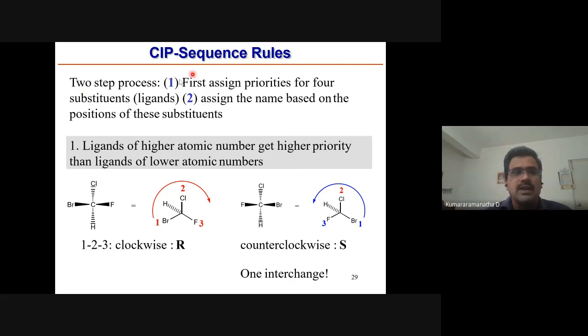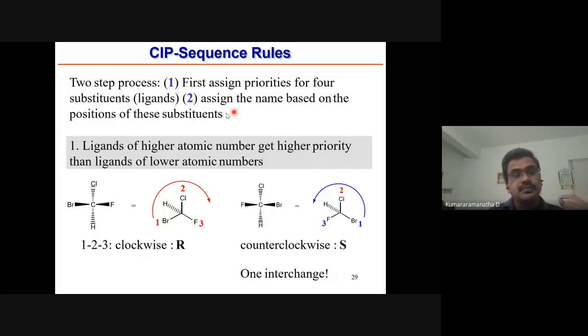So here in CIP sequence rules, the first thing is you assign priorities to the substituents. Substituent means, if carbon is the stereocenter, it is linked to 4 different functional groups. These you can call ligands.